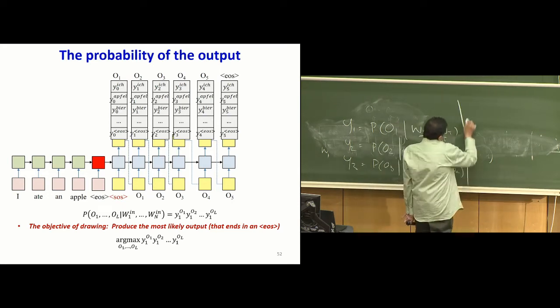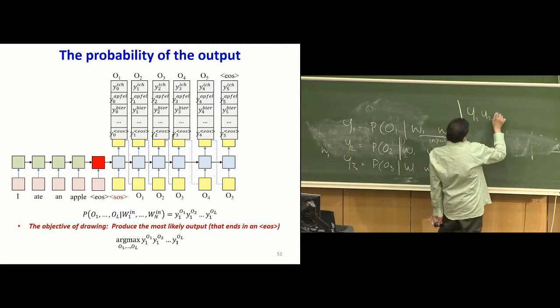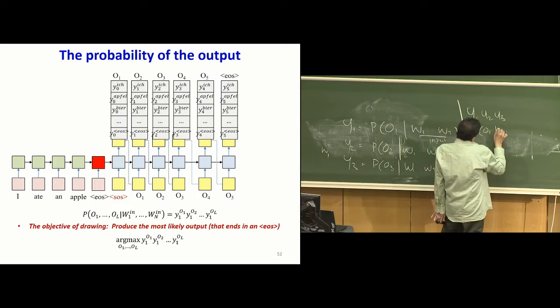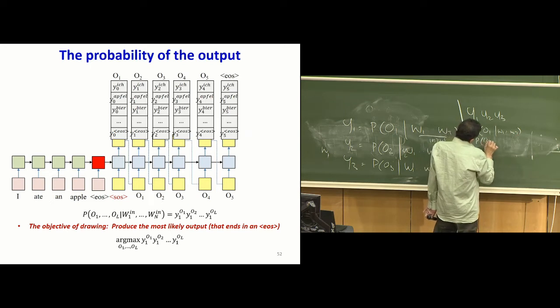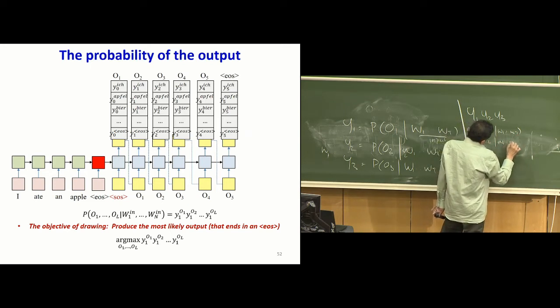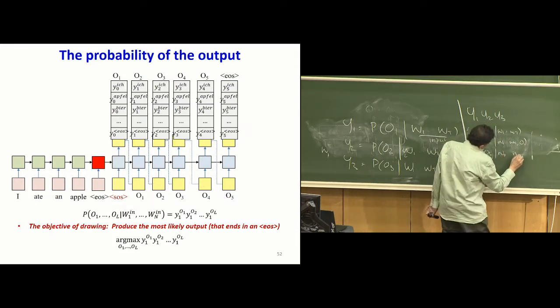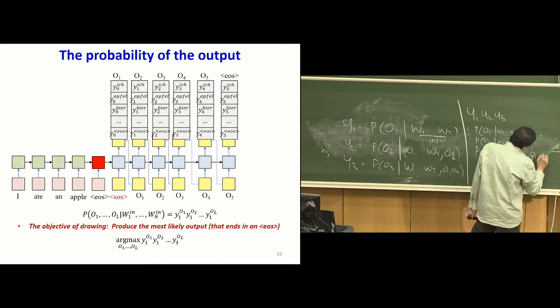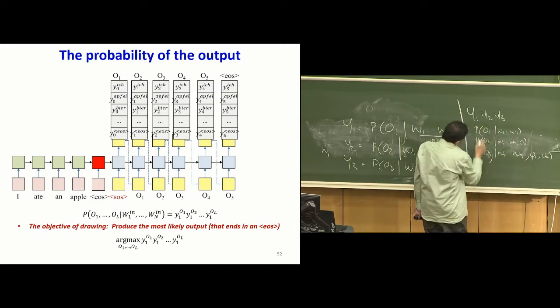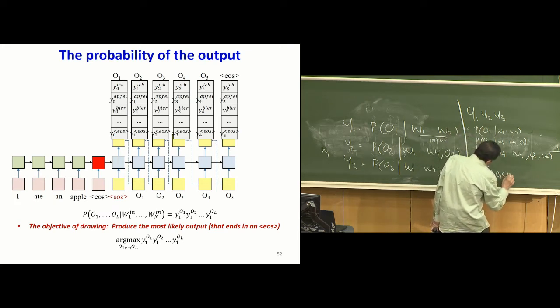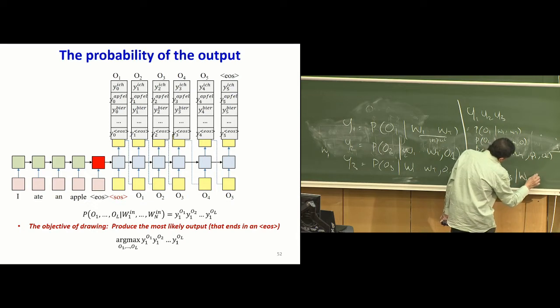So when I multiply these three, Y1 times Y2 times Y3, this is going to be the probability of O1 given W1 through WT, times the probability of O2 given W1 through WT and O1, times the probability of O3 given W1 through WT and O1 and O2, and so on. So this product, as you can see, is simply going to be P of O1, O2, O3 given W1 through WT.